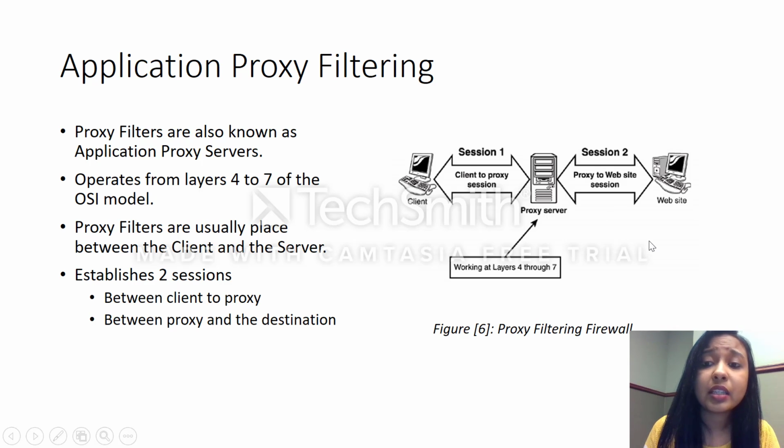And on the way back, the packets traveling from the server to the proxy server are monitored, and this proxy filtering technique operates from layers 4 to 7 of the OSI model. So once there is traffic back to the client, the packet information is monitored from layer 4 to 7, and based on whether the traffic is malicious or not, it is let inside a particular network.